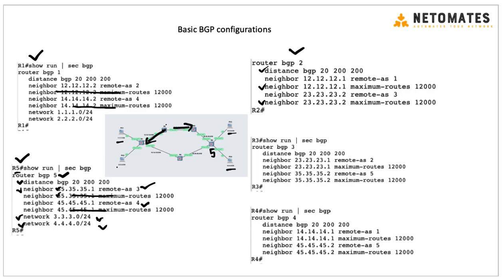These routers in the middle just carry whatever information R1 and R5 are advertising, but they are not adding any new networks into it. So we are not required to add any routes in this topology to establish the connectivity between the PC networks. Same thing for R3 and R4.